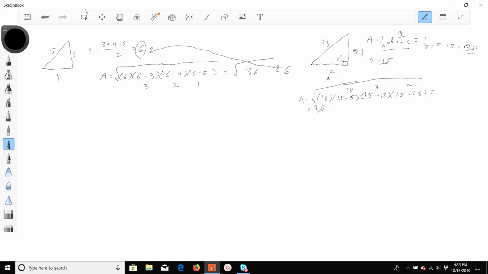So maybe in right triangles they differ by a common factor, and I guess just here our common factor was 1.